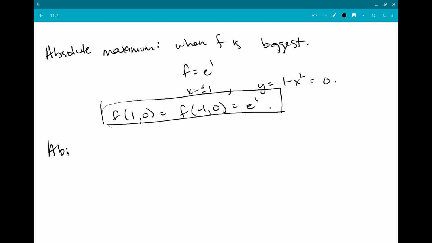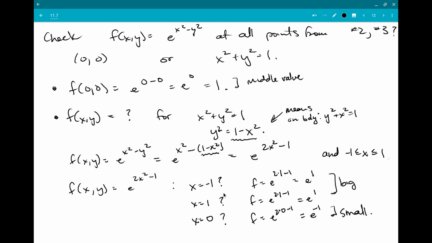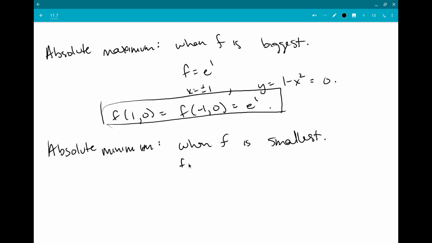And my absolute minimum is when f is smallest. And that's going to give me, let's see, f equal to e to the minus 1, which was when x is 0. y squared was equal to 1 minus x squared.